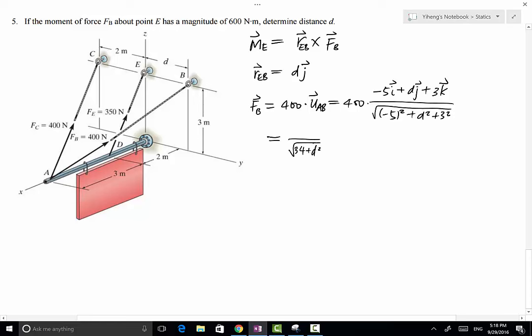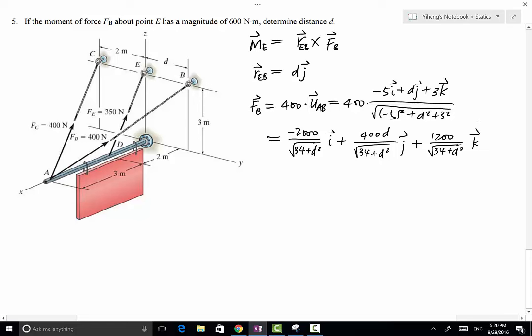And then for the numerator, we will have first term negative 2000 i, and then plus 400d over the square root of 34 plus d squared j, plus the last term is 1200 over the square root of 34 plus d squared k, in the unit of Newton.